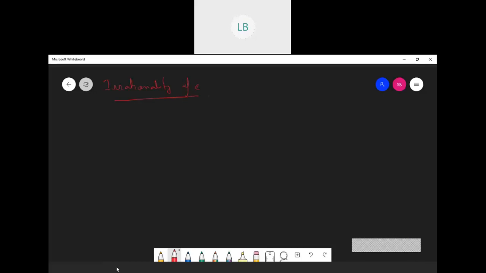Okay. So by definition, e is this, right? Now let us define Qn to be n factorial and Pn to be n factorial plus n factorial by 1 factorial till n factorial by n factorial.